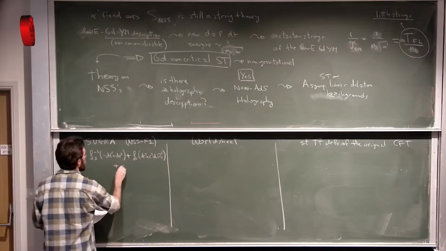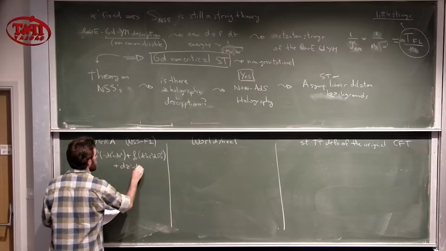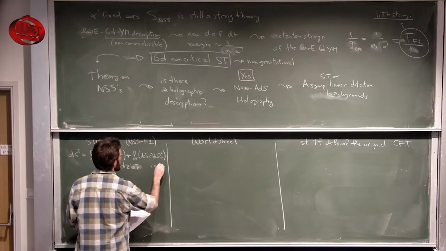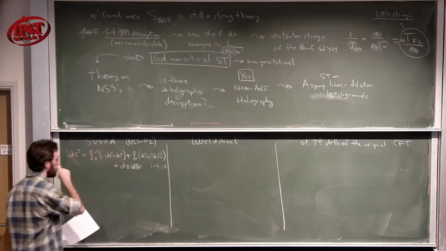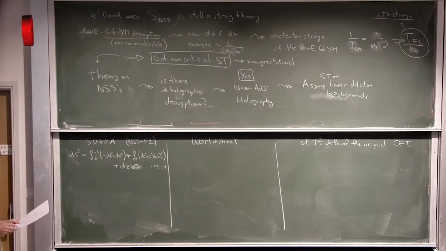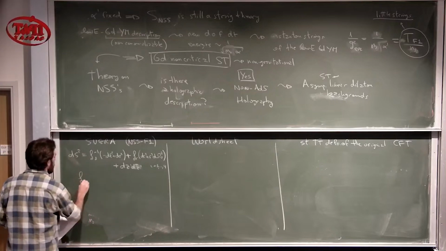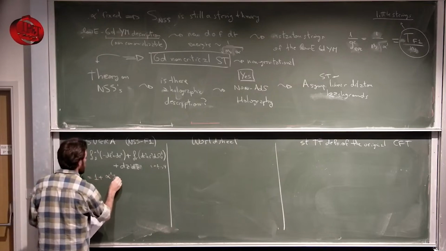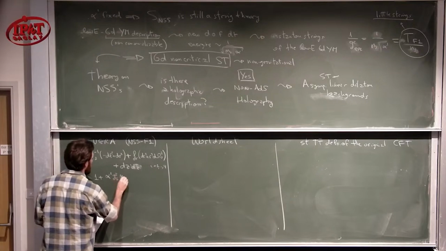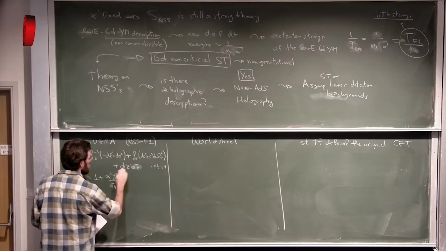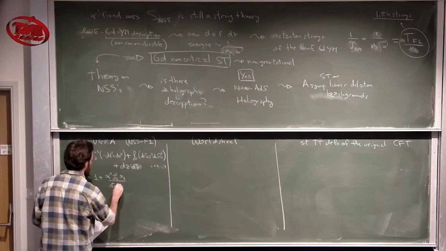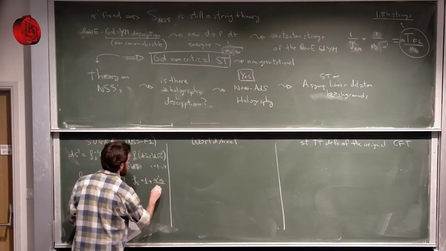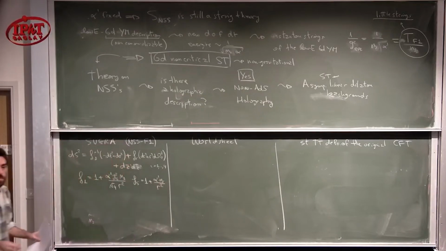Then I get 4 extra directions, where I'm defining H1 and H5 as the usual harmonic functions. H1 is 1 plus alpha prime g_string squared over the volume of this space if it's compactified, over r squared, and H5 is 1 plus alpha prime n5 over r squared.